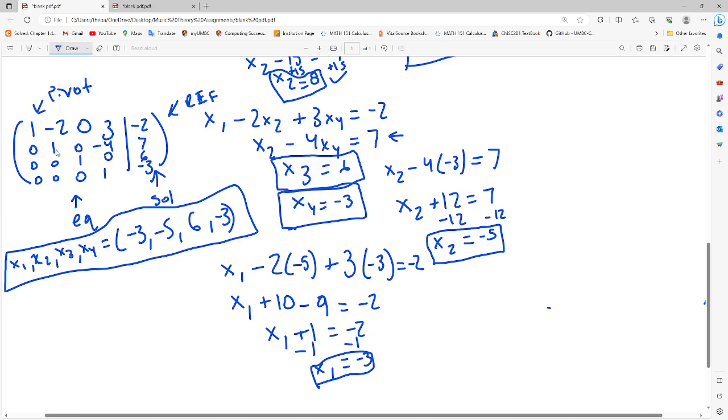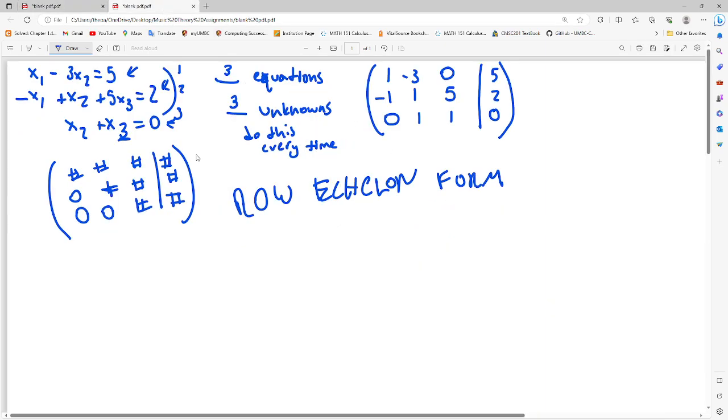We want to make sure that every line has a pivot point. Once every line has a pivot point in this diagonal, we can solve, but only when it's like this. So our goal is going to be to convert this into row echelon form.